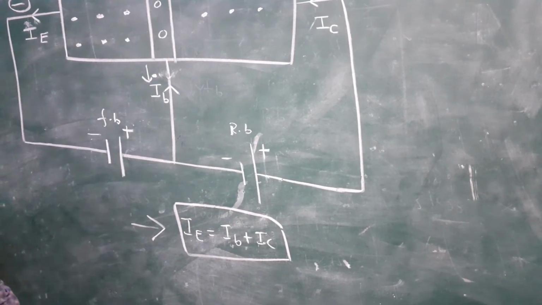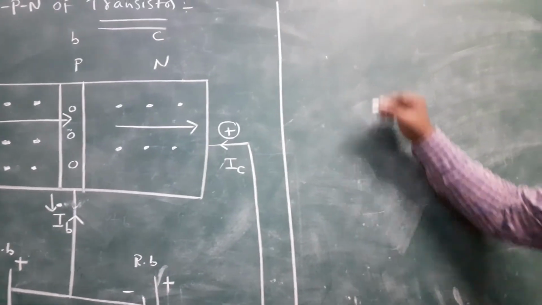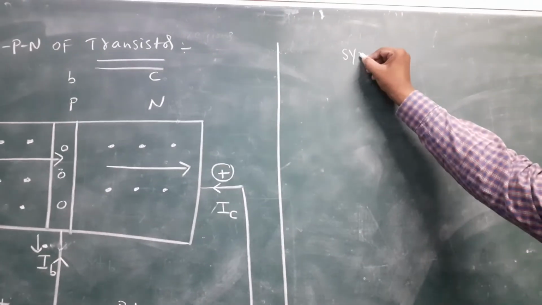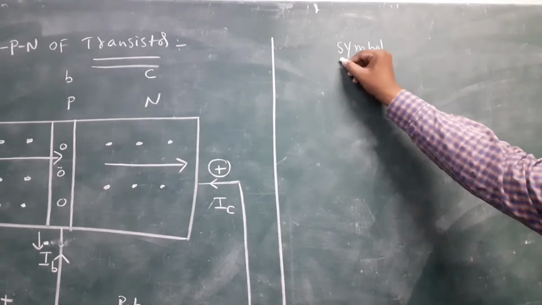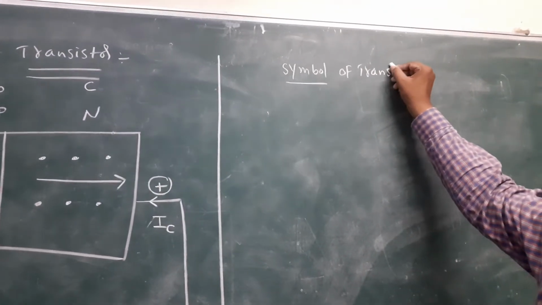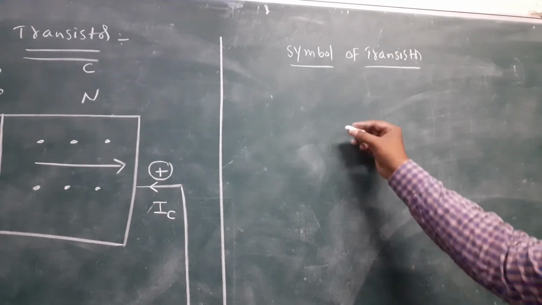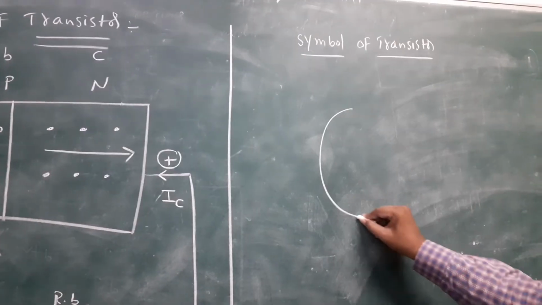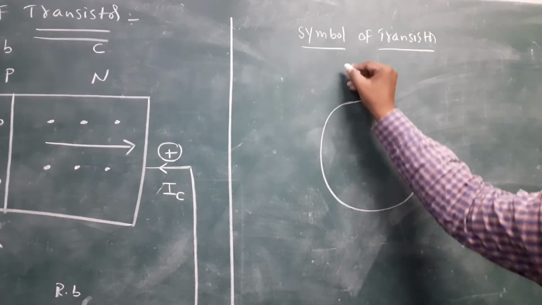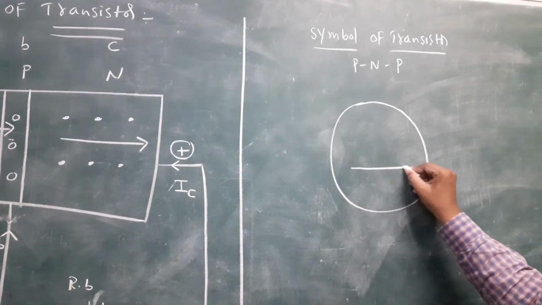Next, I discuss the symbol of a transistor. First, the PNP transistor. This is the symbol.